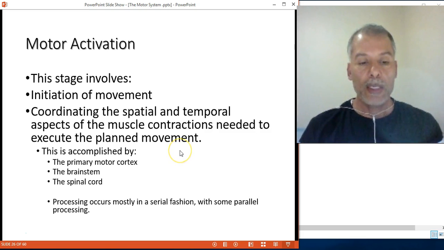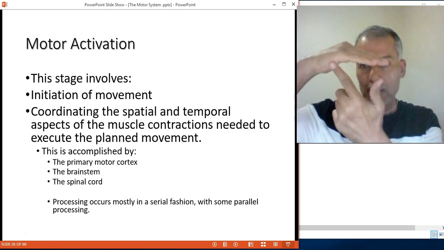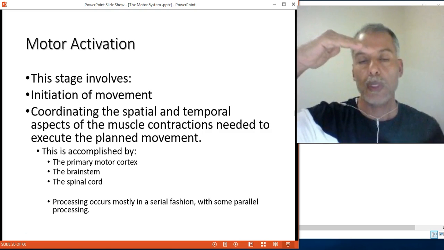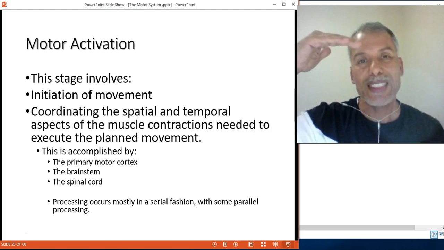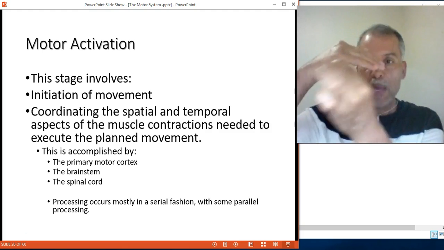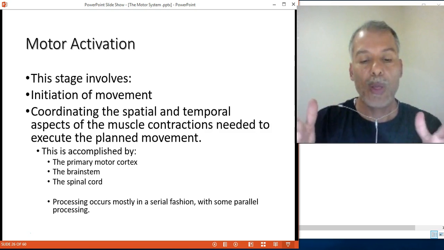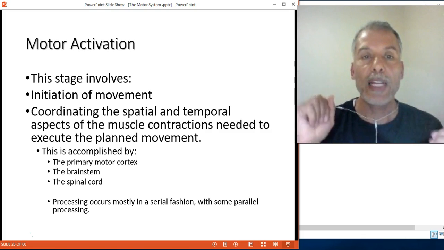So keep in mind that you have the cortex, the top layer of the brain. That is about less than a quarter of an inch. And that is where the gray matter is. It is called gray matter because the cell bodies basically live in that area.